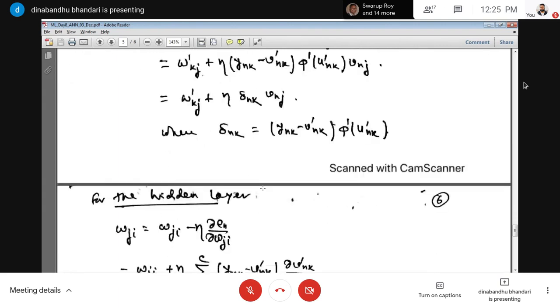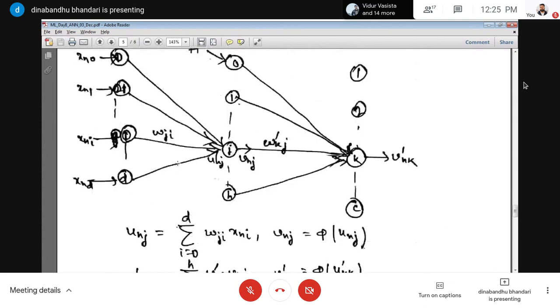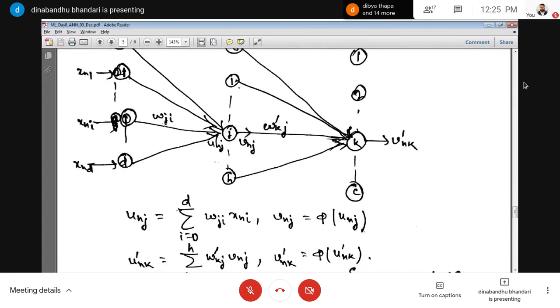Now, how about Wji? Obviously this En will depend on Wji also. Wji helps to calculate Vnj, and this Vnj goes to all these V-Nk.